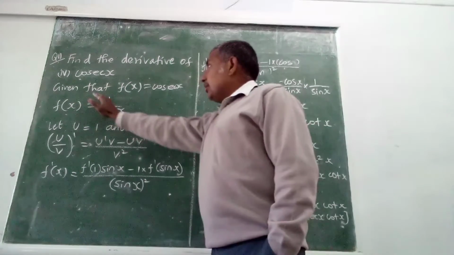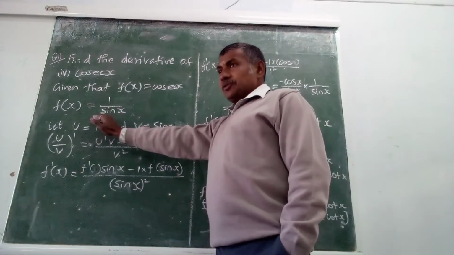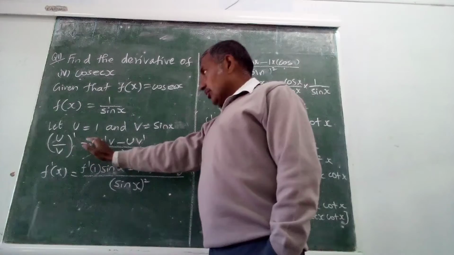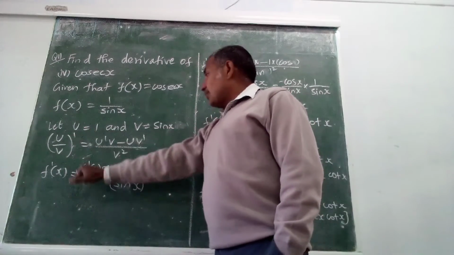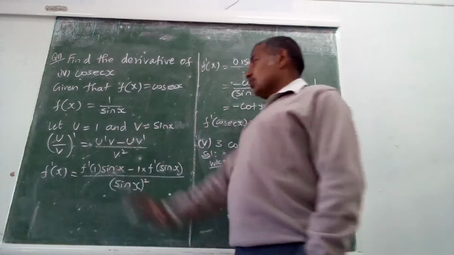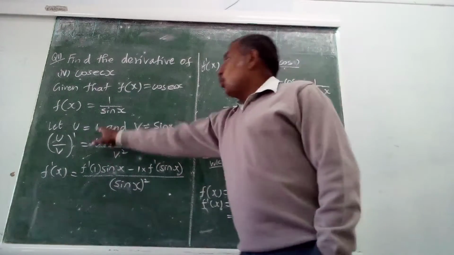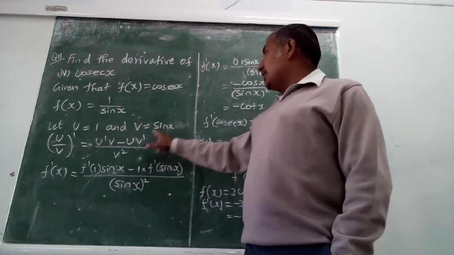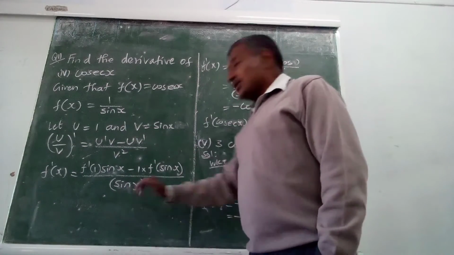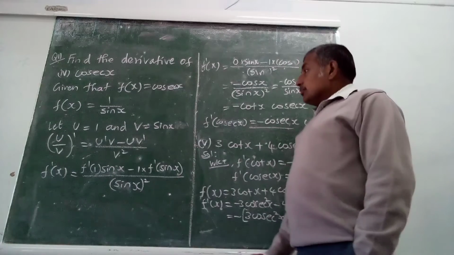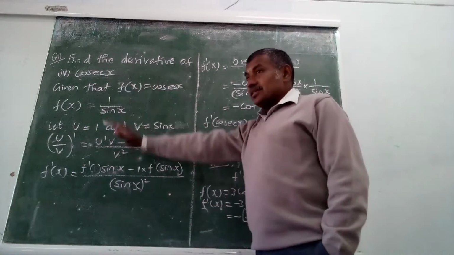So f of x we assume 1 by sin x. So f dash of x, you have to use f dash of 1, u is 1, into v which is sin x. Then minus u, which is 1, into v dash, v dash being f dash of sin x, by v square. V square is sin x whole square. Okay, how we did for secant x, same thing.